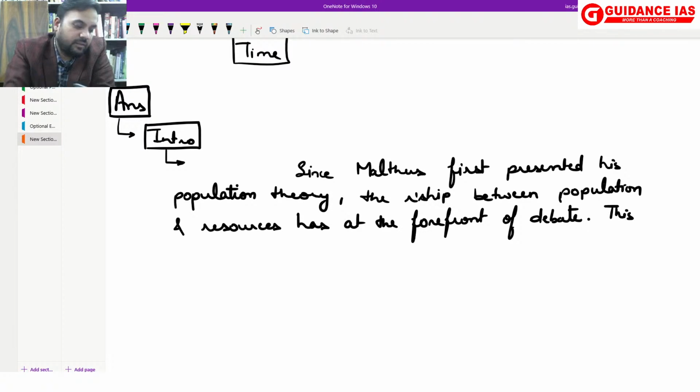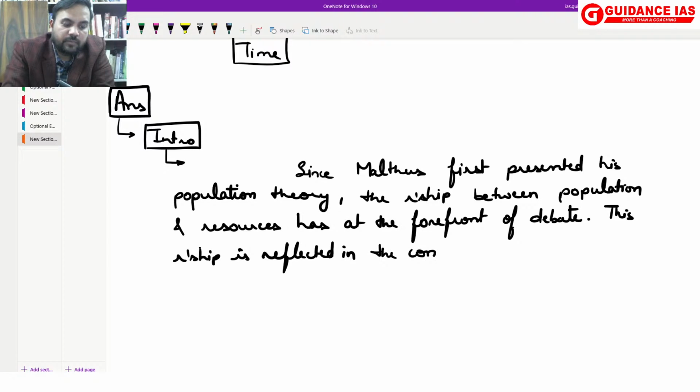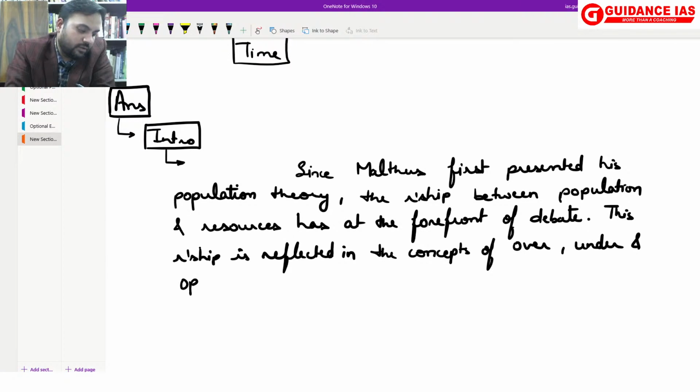This relationship is reflected in the concepts of over, under and optimum population.